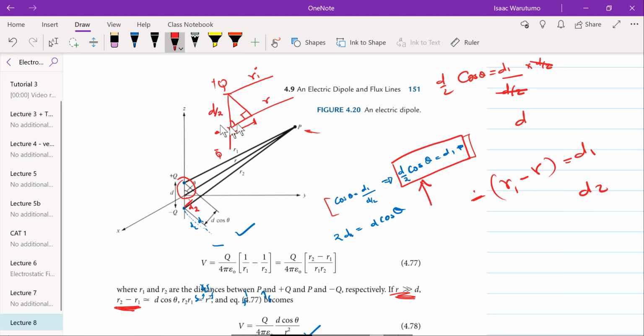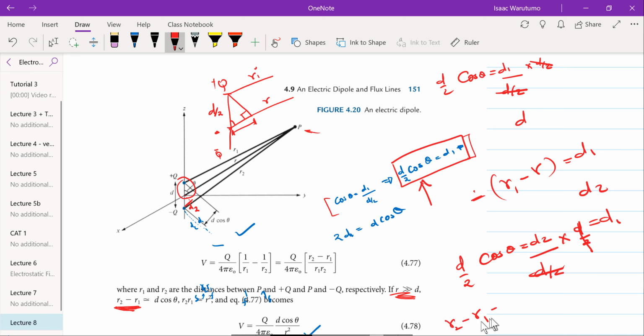If we follow the same analogy, cos theta is going to be d2 divided by the hypotenuse, which again is d over 2, and then d over 2 multiplied on both sides cancels out, and then we can see that d1 is approximately d2.